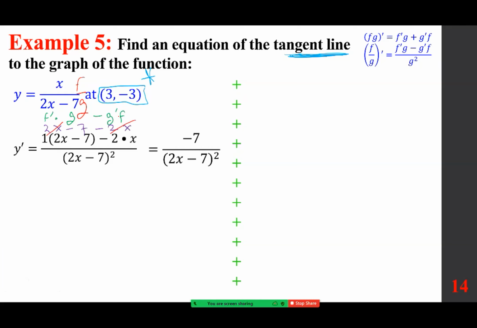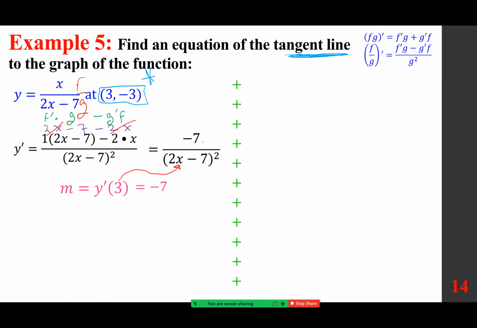We have minus 7 over 2x minus 7 quantity squared. So we have a pair x comma y, namely 3 comma negative 3. We need to find the slope, which means m, or slope, is y prime evaluated at the x coordinate 3. So y prime of 3. If you plug in here, you get 2 times 3, 6 minus 7 is negative 1. Square it, you get positive 1, negative 7 divided by positive 1, it's negative 7.